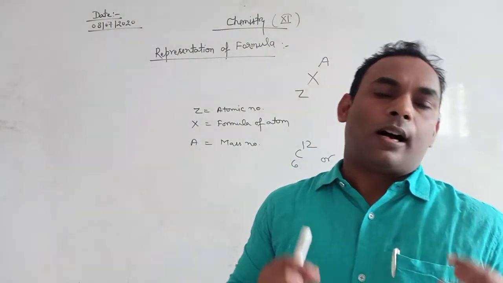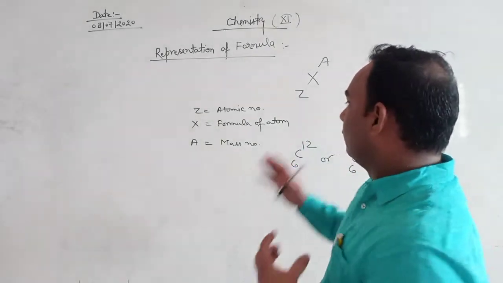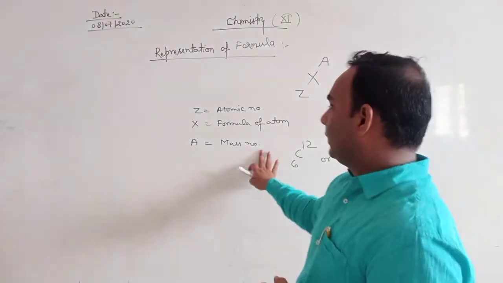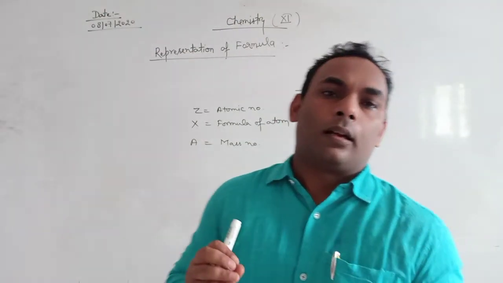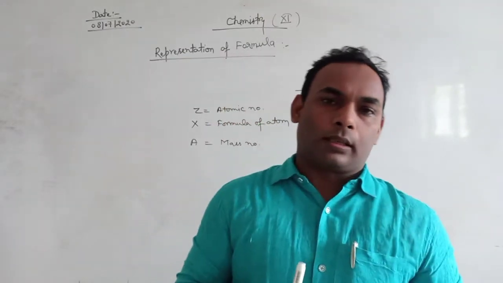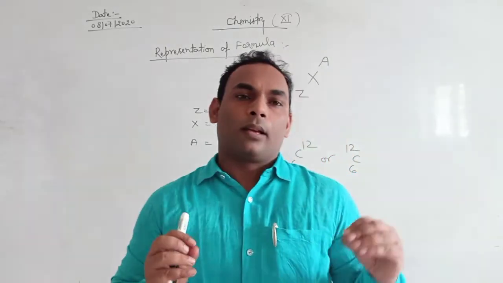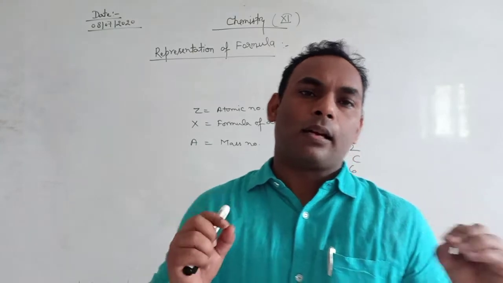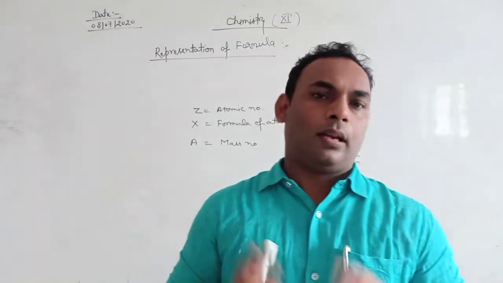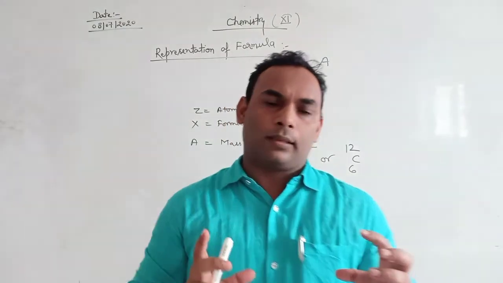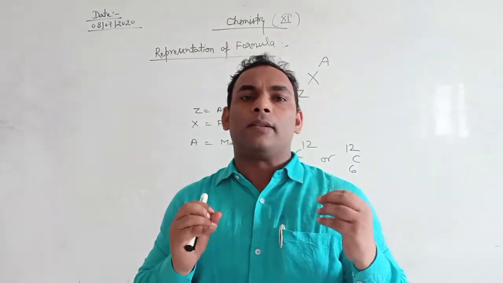Now I am going to discuss what is atomic number and what is mass number. The number of protons present in any atom is called the atomic number. As you know very well, in the nucleus the protons and neutrons are present.